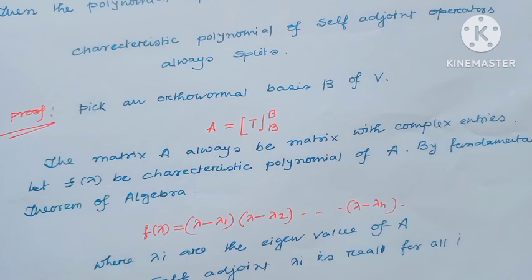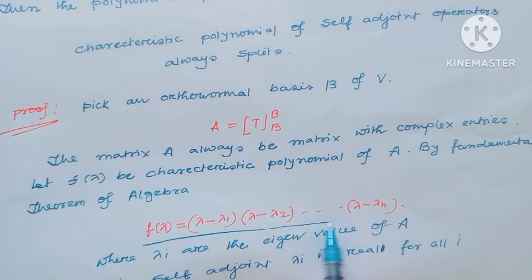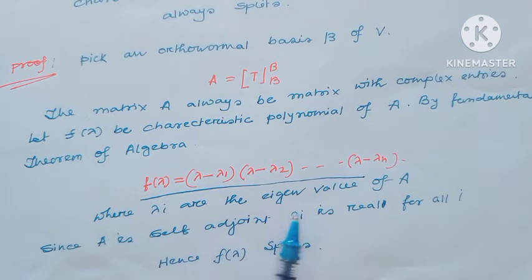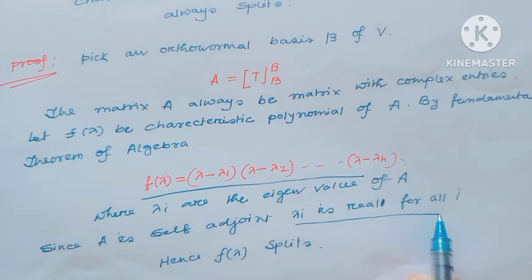The proof is: pick an orthonormal basis beta of the vector space V, and with respect to this orthonormal basis construct a matrix A. The matrix A has complex entries, and let f(lambda) be the characteristic polynomial of A. By the fundamental theorem of algebra, f(lambda) equals (lambda minus lambda 1)(lambda minus lambda 2) up to (lambda minus lambda n), where obviously each lambda i is an eigenvalue of the matrix A. And since the matrix A is self-adjoint, obviously these lambda i are real for all i.